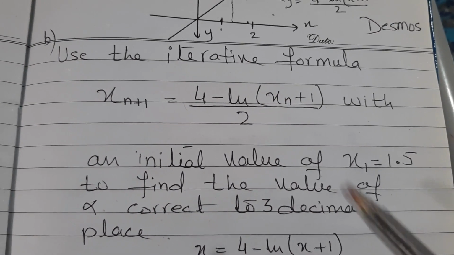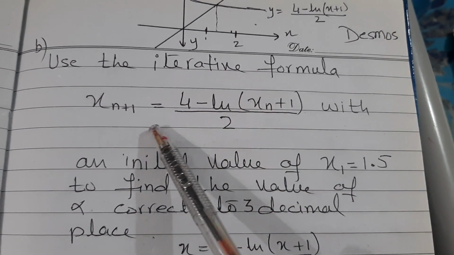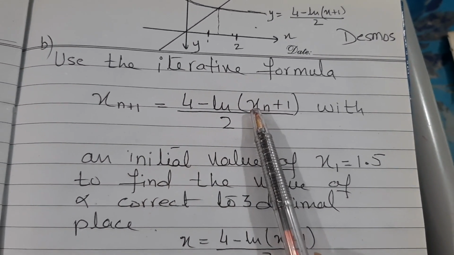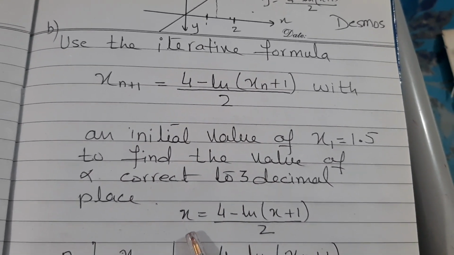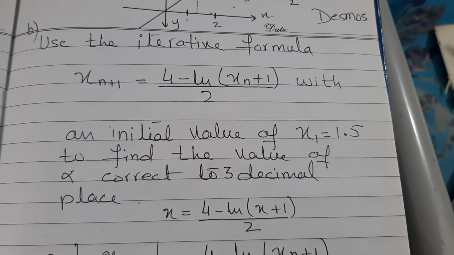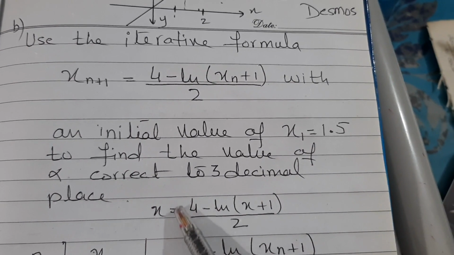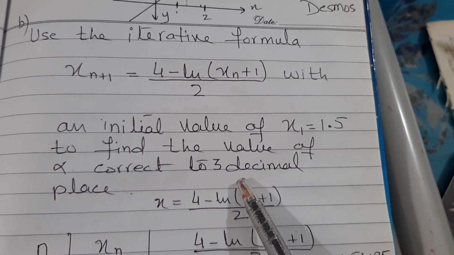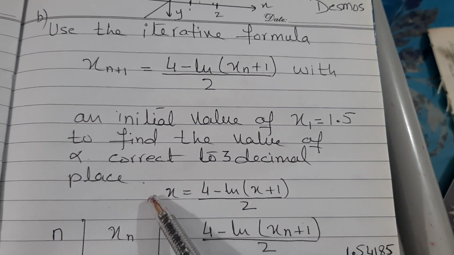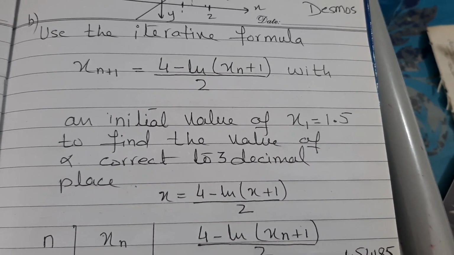So if I write the same equation without n plus 1 and n, this is the equation he's talking about. One equation is y equals x, another equation is y equals this. If I just cross multiply and bring it into a single form, it will be the same equation which was in the question.